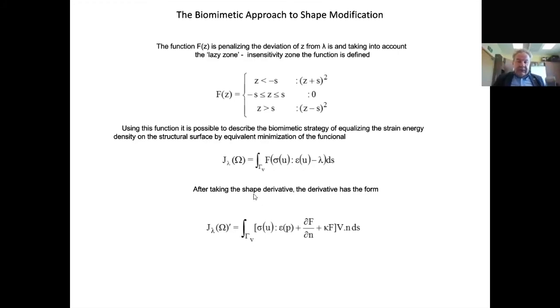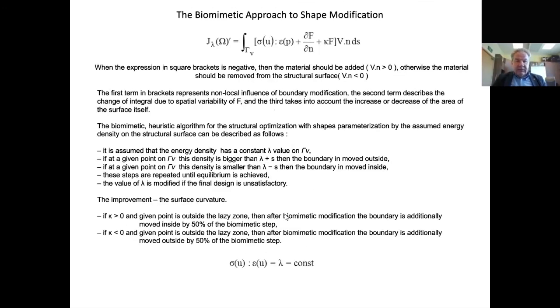So we take the shape derivative of this term, and we obtain such a term here. If you observe everything in brackets, if this expression in brackets is negative, then we should add material on the structural surface.